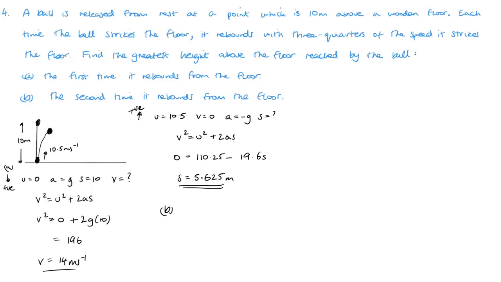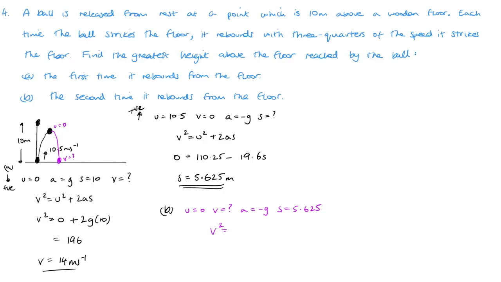Now we'll move on to part B. So part B is going to happen again, isn't it? If you follow my bit now in purple, it's going to go down to here. So U equals 0, V we want to find, A equals G, and S equals 5.625.